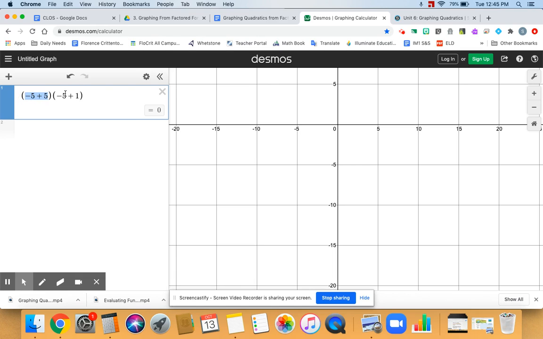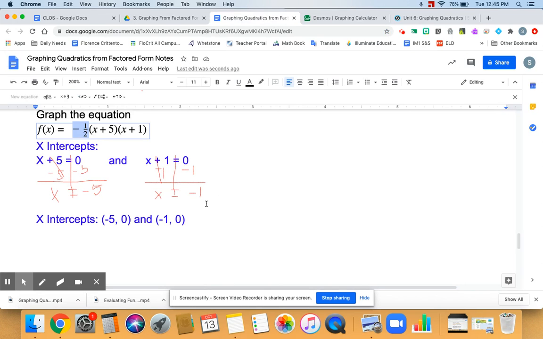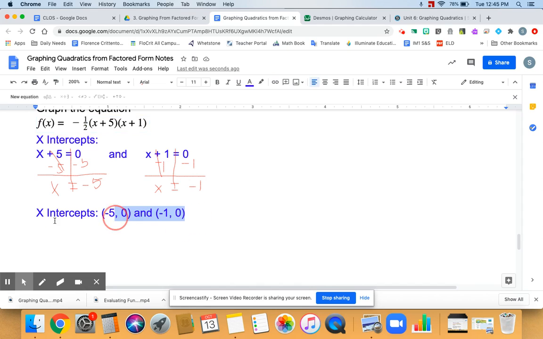Times whatever this parenthesis is still 0. It doesn't matter if something's in front. Like if 1/2 is in front, being multiplied to 0 is still 0. Even if it's a negative 1/2, it's just getting multiplied to a 0, which is still going to be 0. So anything in front isn't going to change what goes in the parentheses to make the parentheses be 0. So those are my two x-intercepts.